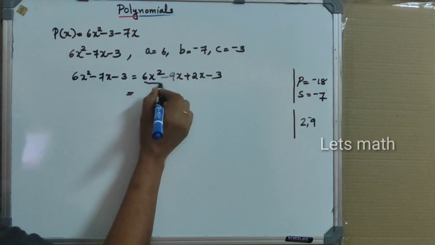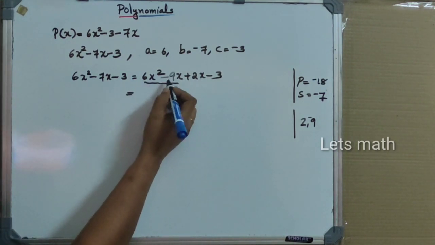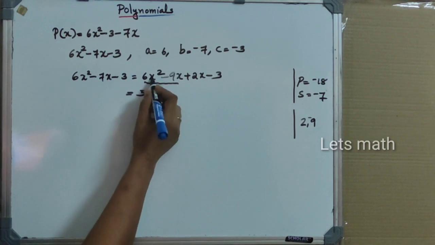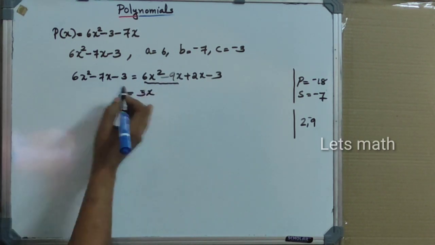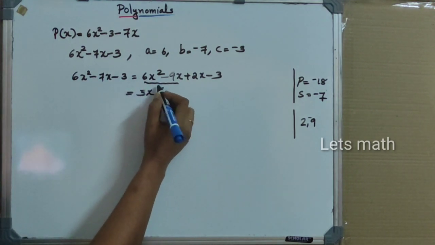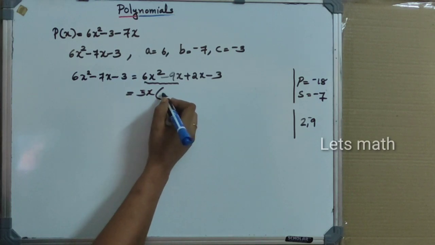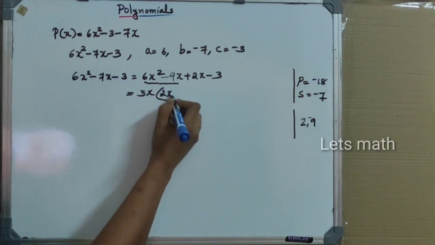Now we have to take the common factor. What is common in both? 6 and 9, 3 is common, okay? X square is here, x. So x is also common. So that means 3x is common. After taking 3x from 6x square, from 6 if you take out 3, you get 2. From x square, x comes. So 2x.